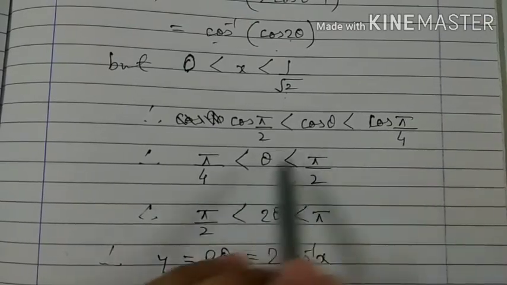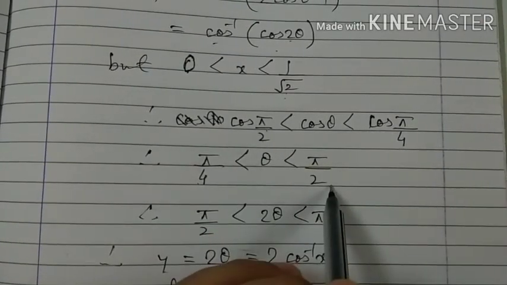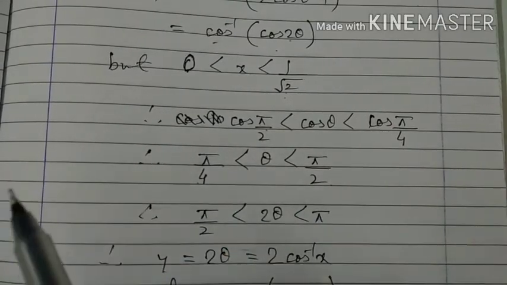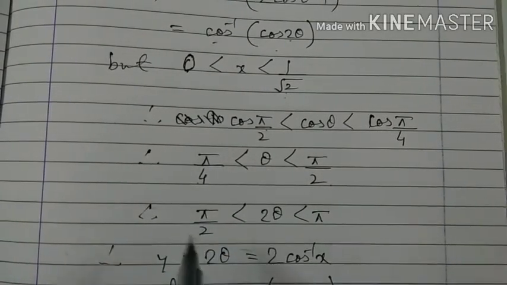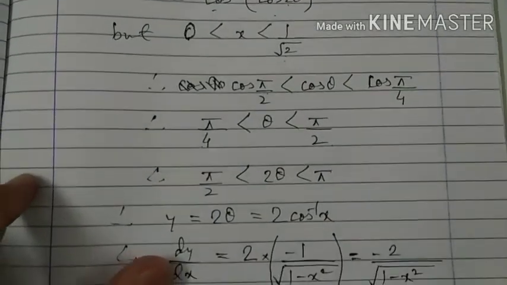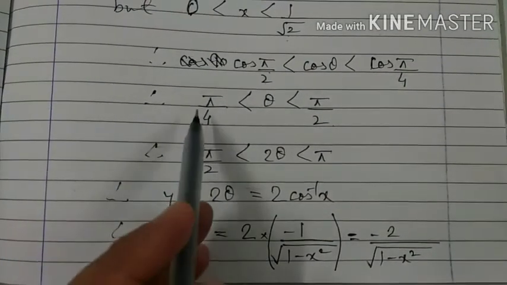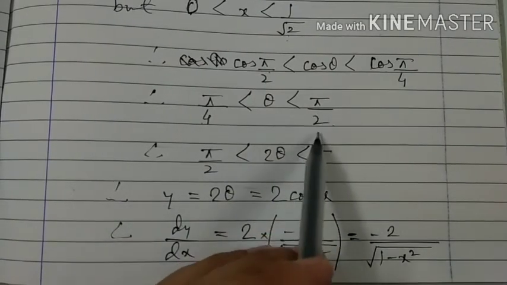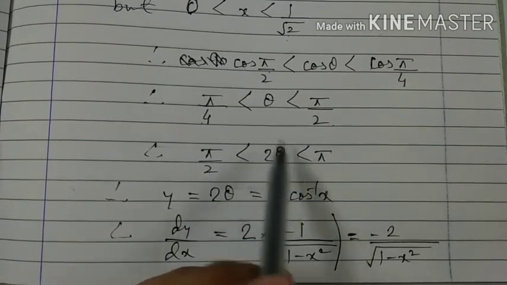So pi by 4 on left side, pi by 2 on right side. So pi by 4 less than theta less than 90 we will get. And from this, multiplying by 2 will give range of 2 theta. Pi by 4 multiplied by 2 will be pi by 2, and pi by 2 multiplied by 2 will be pi.